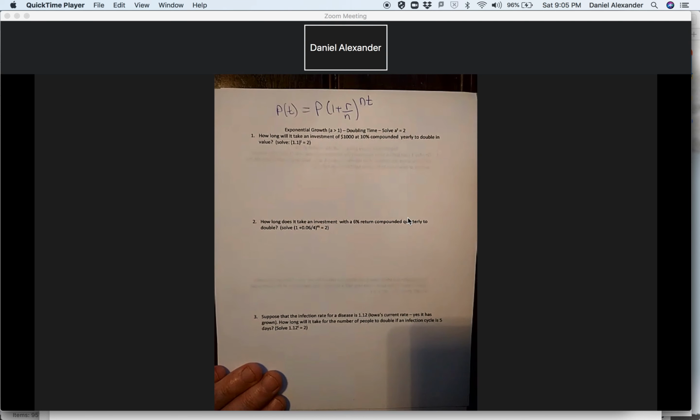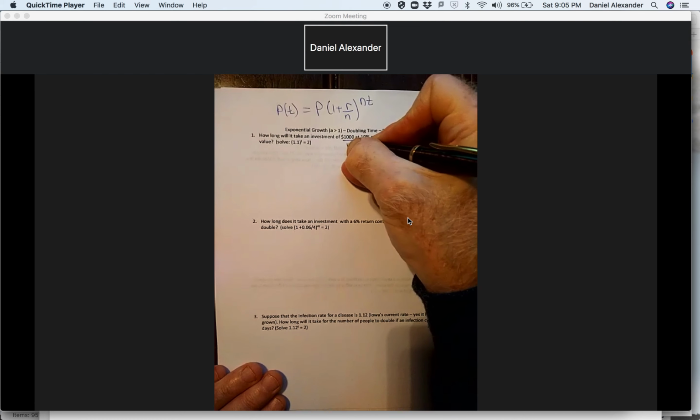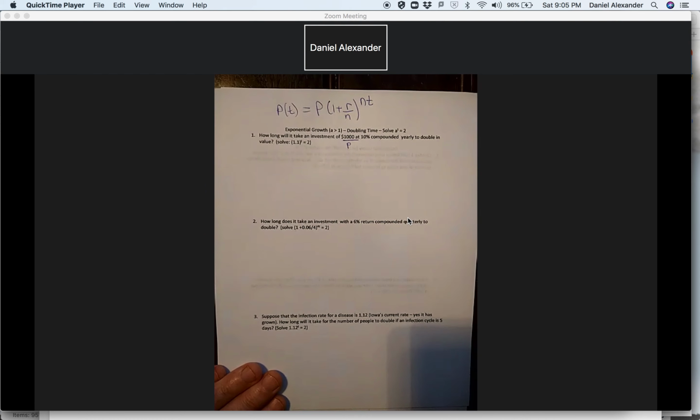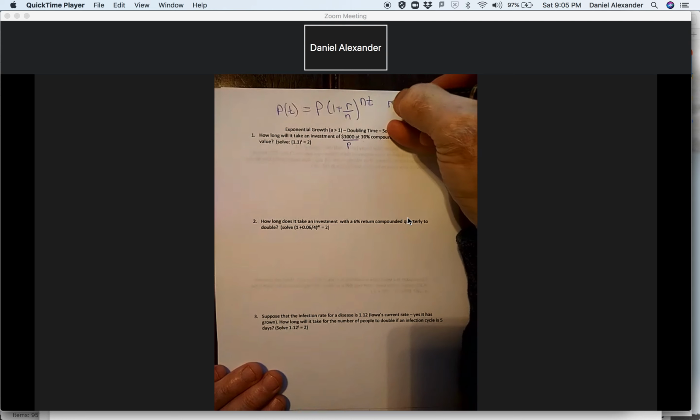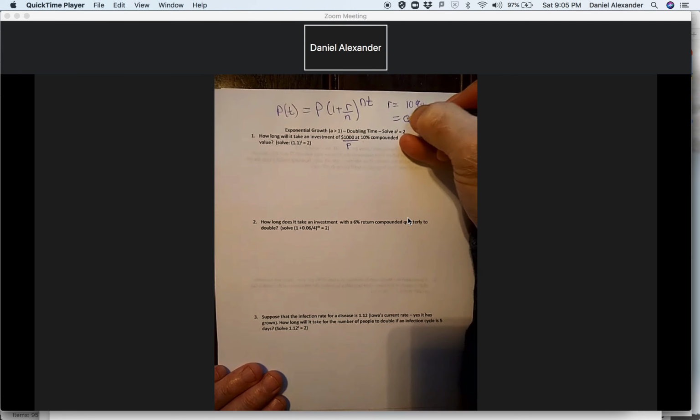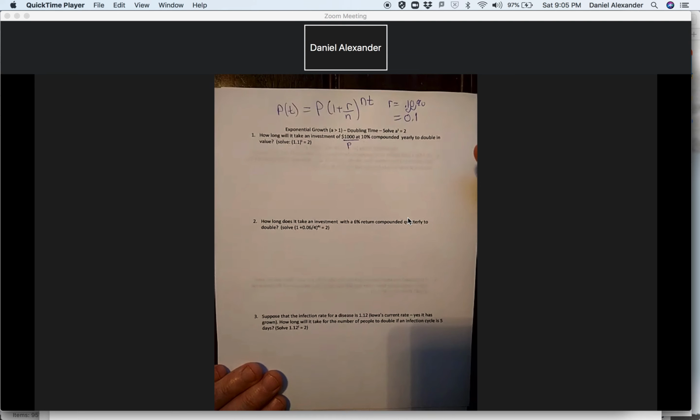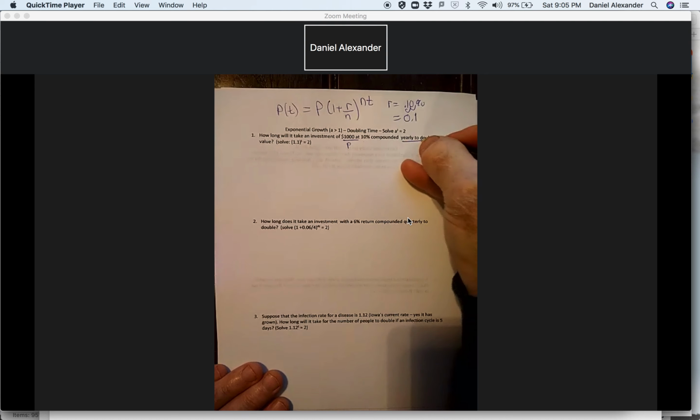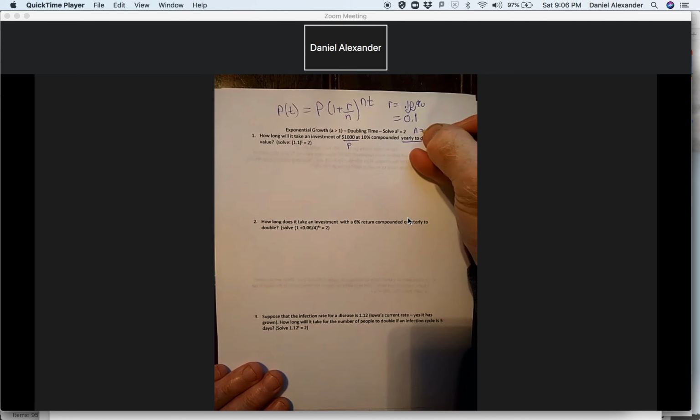And remember that P is the money we start with. P is 1,000. The rate is going to be 10%, and as a decimal, that's 0.1. I move the decimal over twice. And compounded yearly means my n is equal to 1.